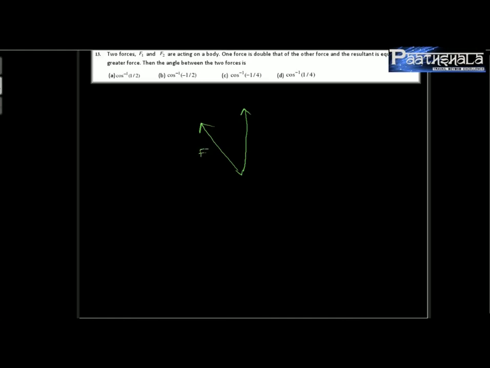Let us say F2, and one force is double that of the other force. So F2 is equal to 2 times F1. Okay.